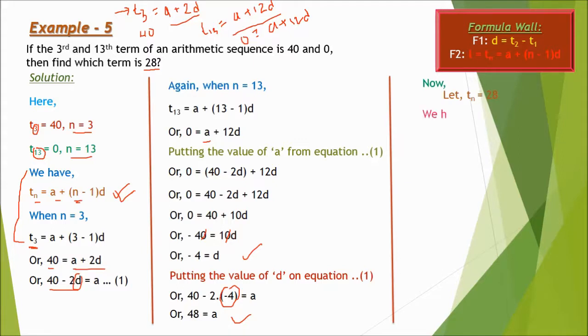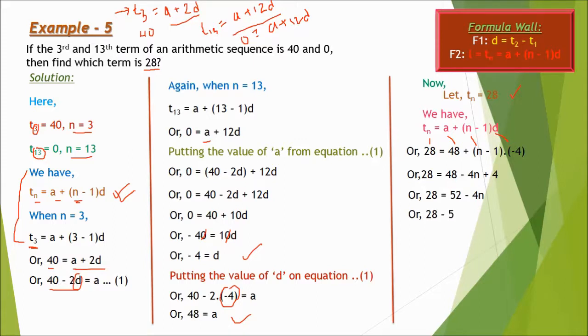We know the formula of Tn, which is Tn equal to a plus n minus 1 d, so 28 equal to, we can substitute the value of a. Now this is Tn, as you can see we have supposed here, and this is the value of a, and value of n we have to find. It is asked which term is 28. Which term does 28 represent? Or we can say, does 28 belong to the given sequence? The question can be asked like that also.